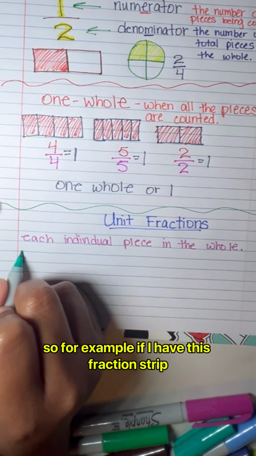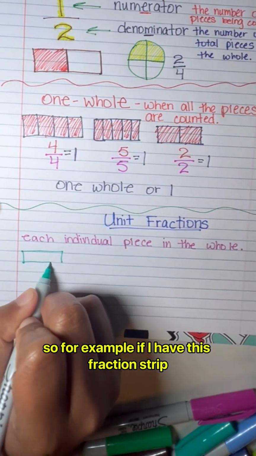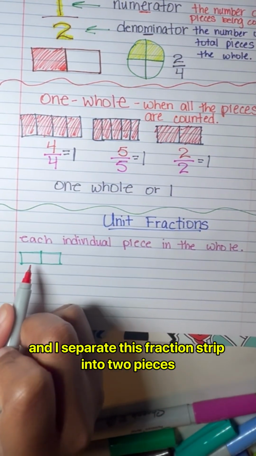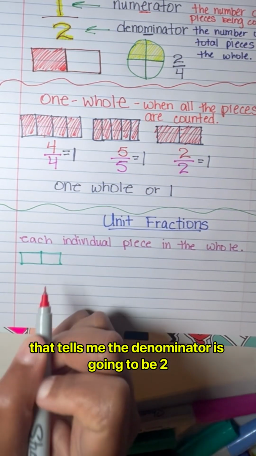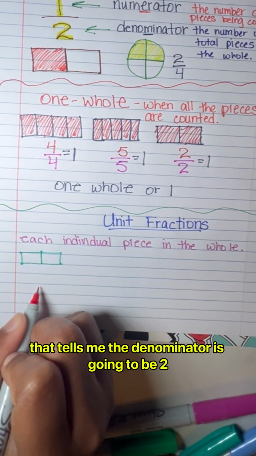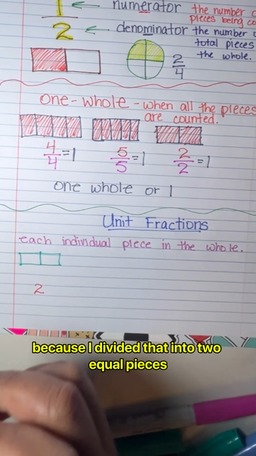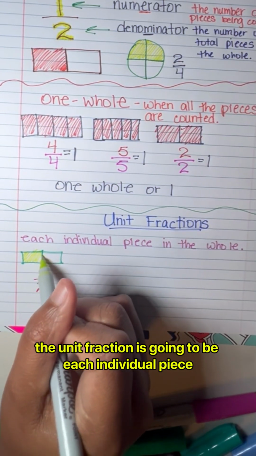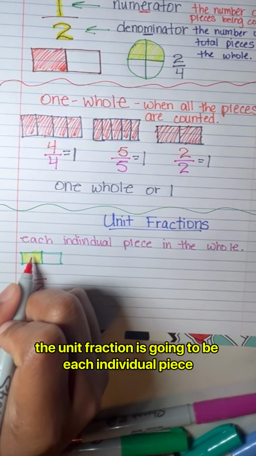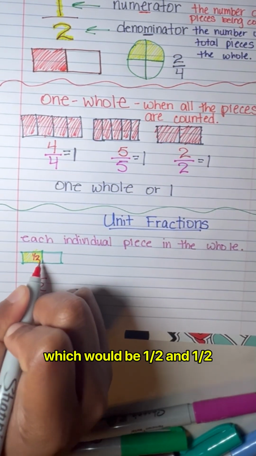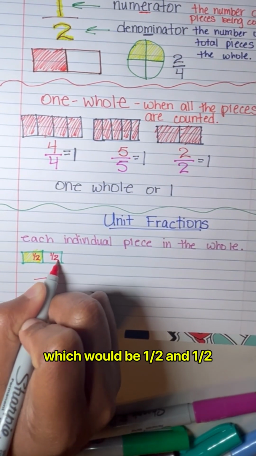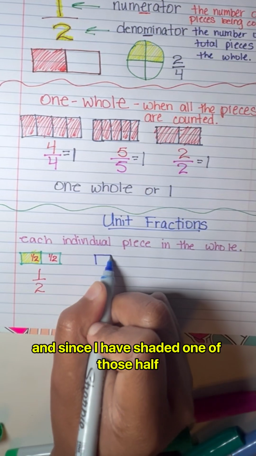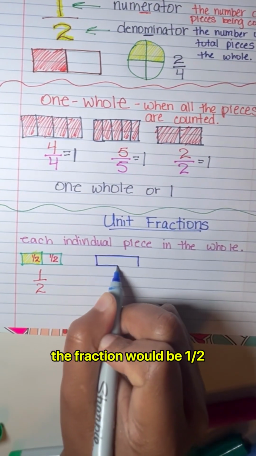So for example, if I have this fraction strip and I separate this fraction strip into two pieces, that tells me the denominator is going to be 2 because I divided that into two equal pieces, which means the unit fraction is going to be each individual piece, which would be 1/2 and 1/2. And since I have shaded one of those halves, the fraction would be 1/2.